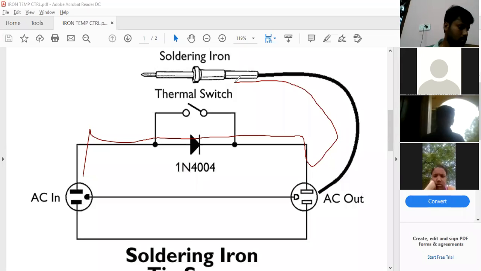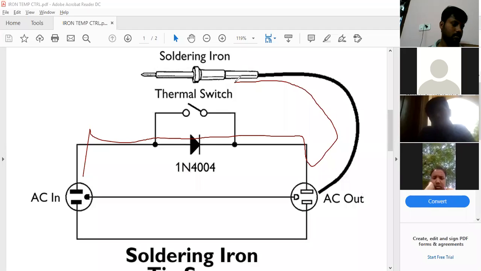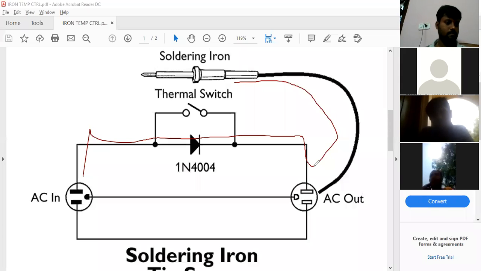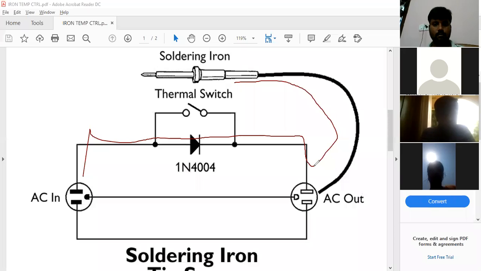The protection circuit is completed now.